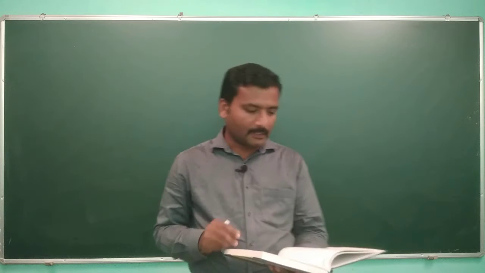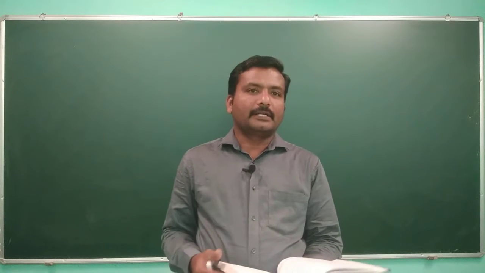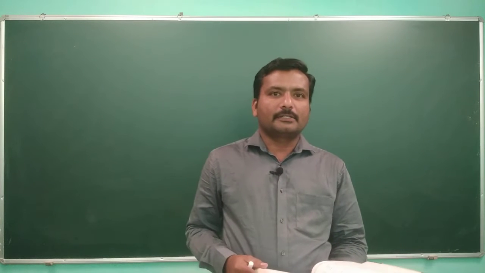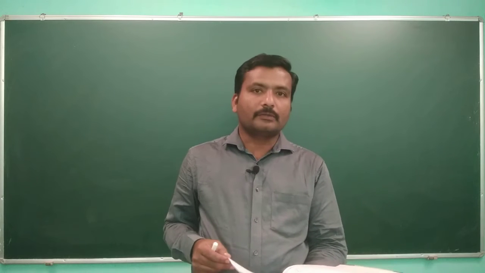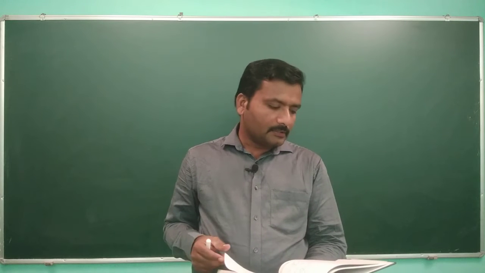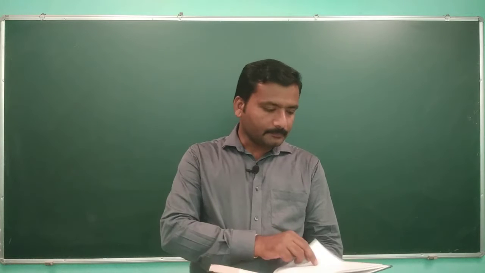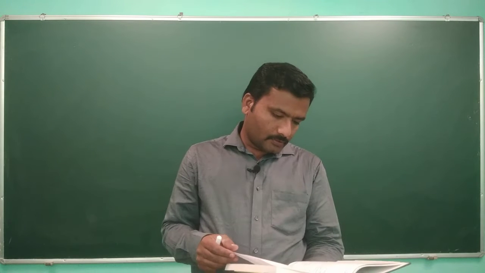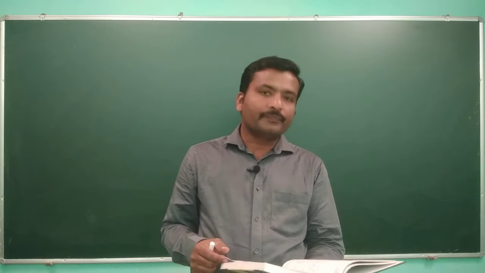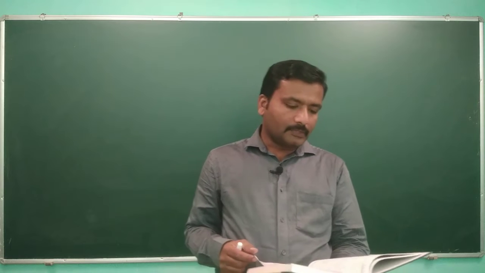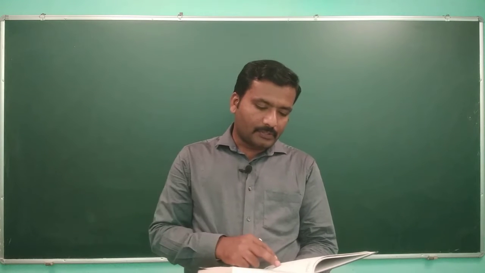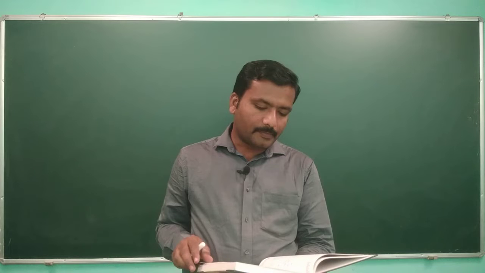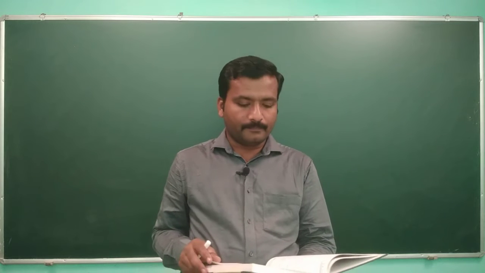Friends, welcome back to another lecture on optics and spectroscopy. Today we are going to discuss three topics. Number one, cardinal points, in which we are going to discuss three types of cardinal points, such as focal points, principal points, and nodal points.